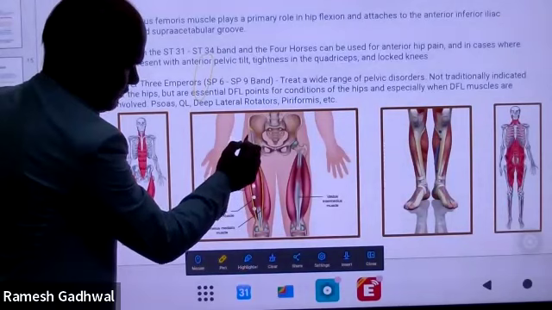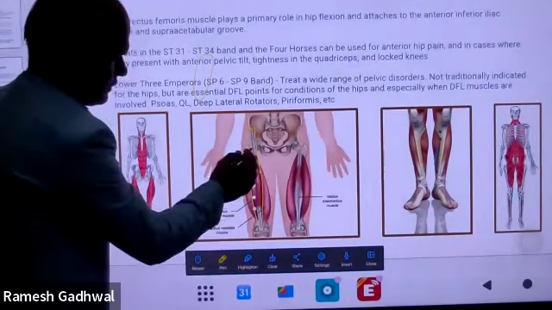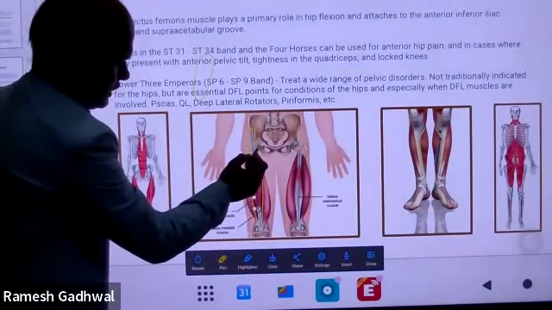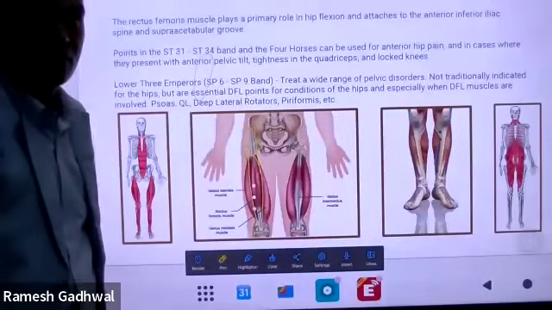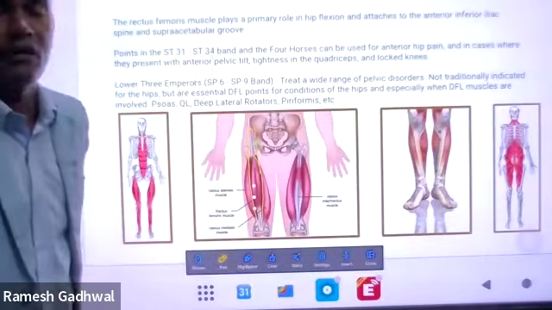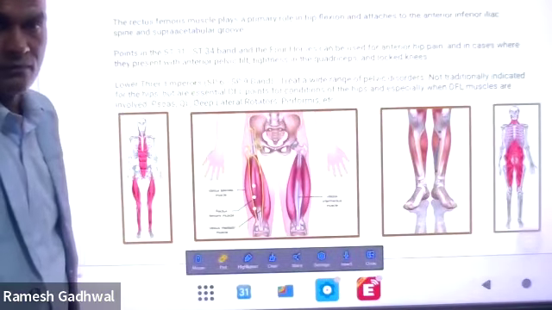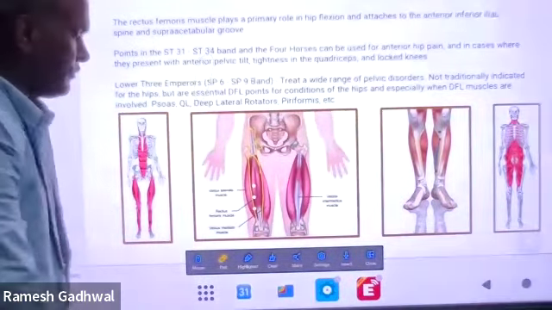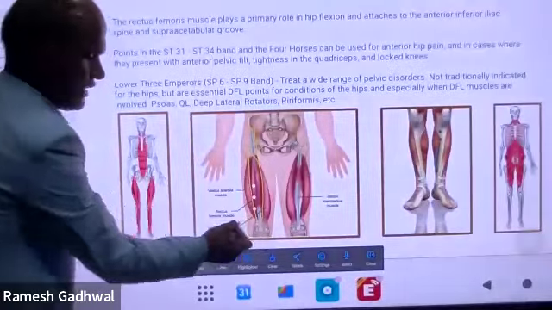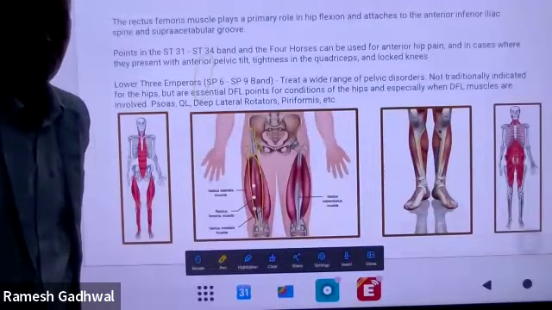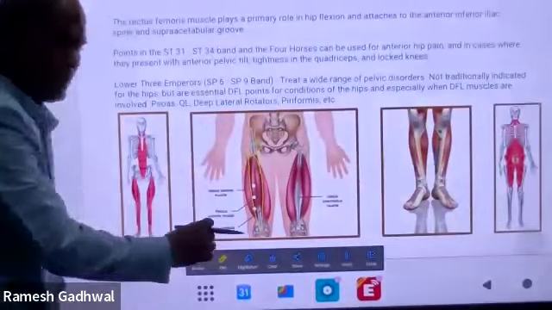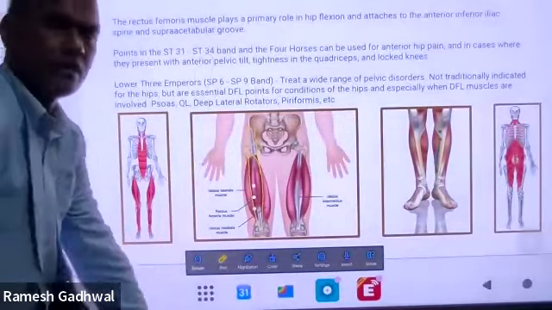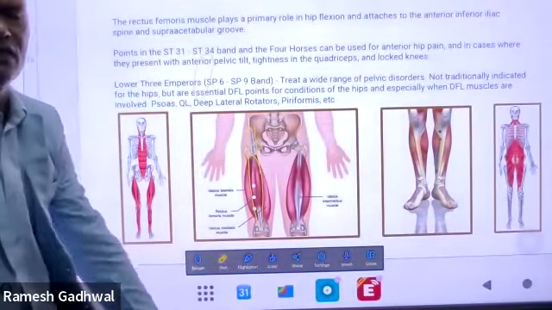The first joint, if you see this joint, is the hip with the head of the femur. Then the other joint is at the patella, because its tendon crosses the patella and joins with the tibia.